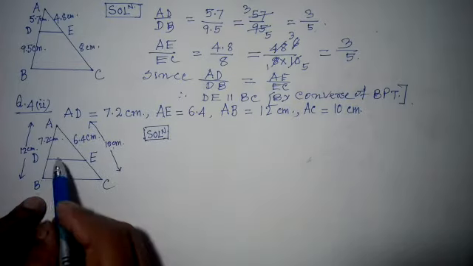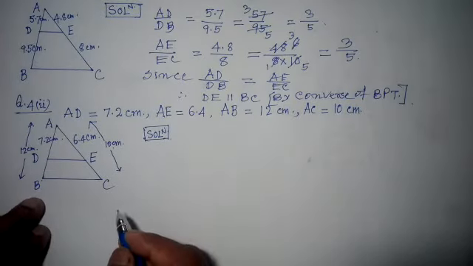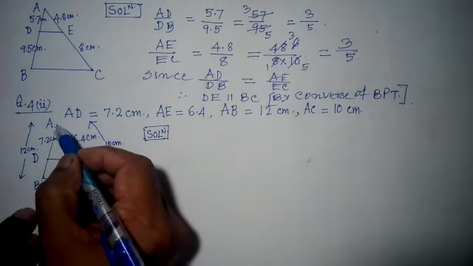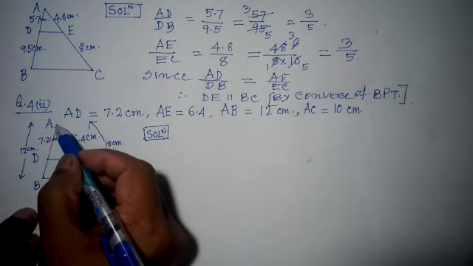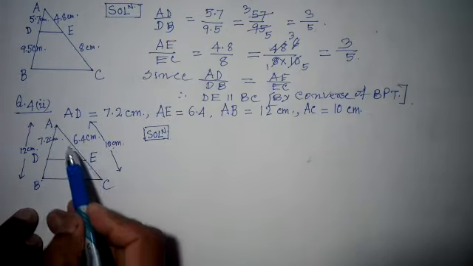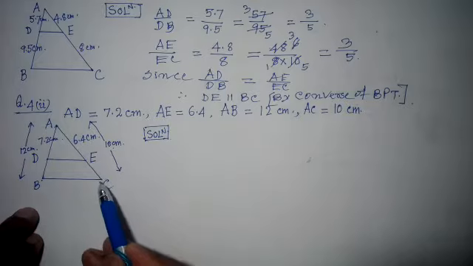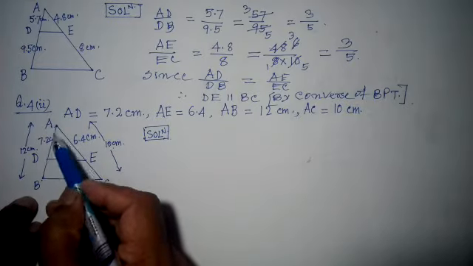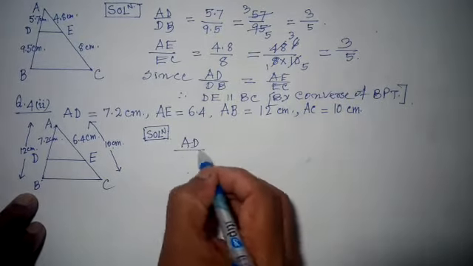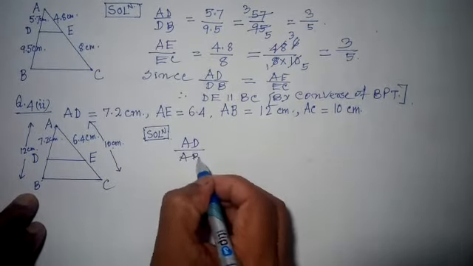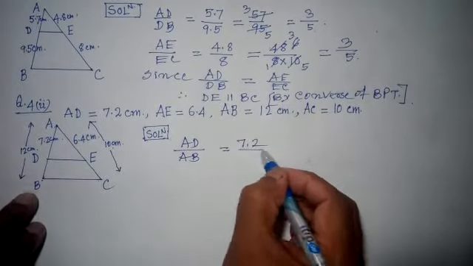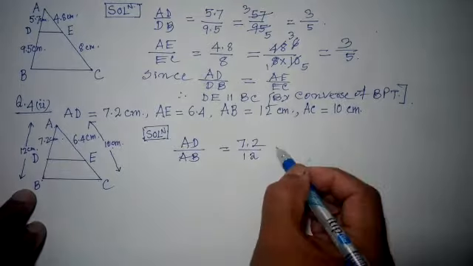So we have to check whether DE parallel to BC or not. So we will take here like this: AD by AB, small part divide by whole part, and this side also small part AE divide by whole part AC. So let us find AD by AB. AD by AB is equal, value of AD 7.2 and AB is 12.